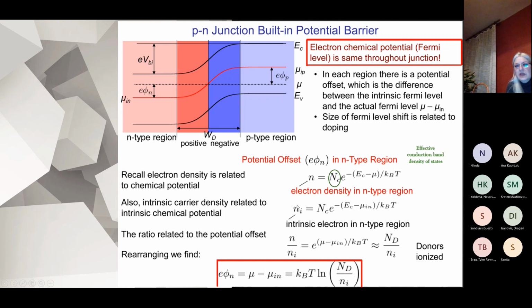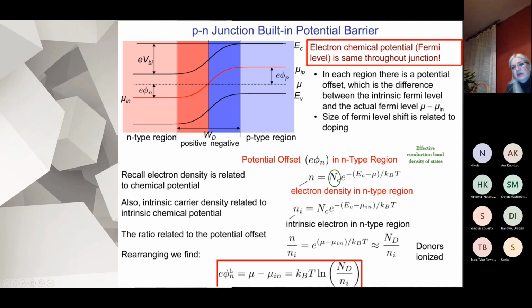Then we're going to use the next equation, which is the intrinsic electron density in the n-type region, which is completely the same, except now we use the intrinsic chemical potential. If we take the ratio of the electron density in the n-type region and the intrinsic electron density, we get in the exponent exactly the difference between the real chemical potential and the intrinsic chemical potential.